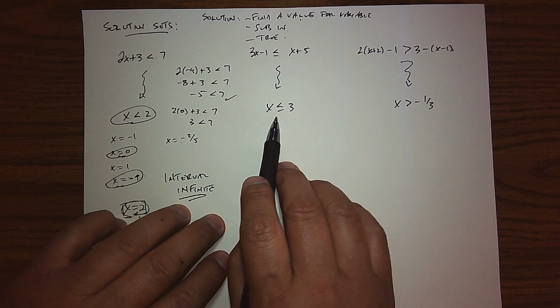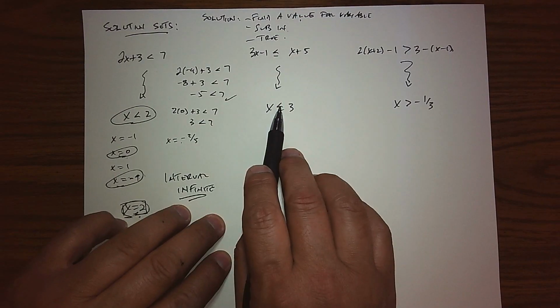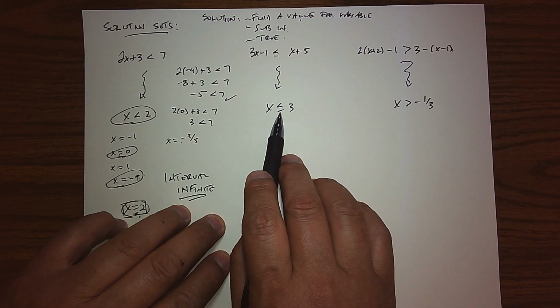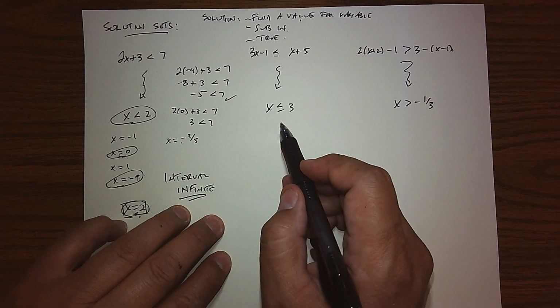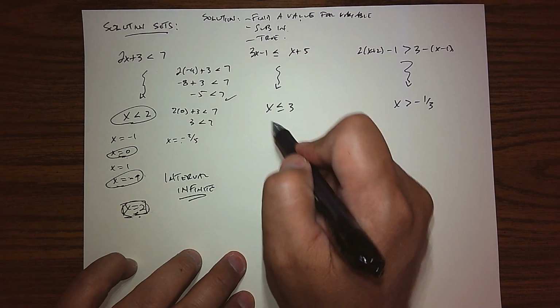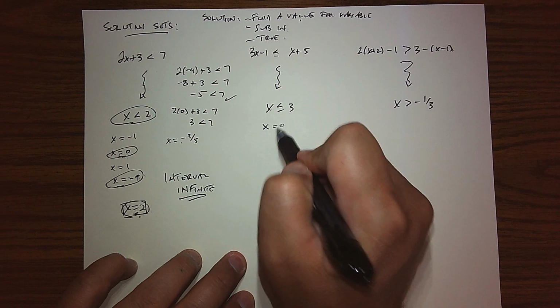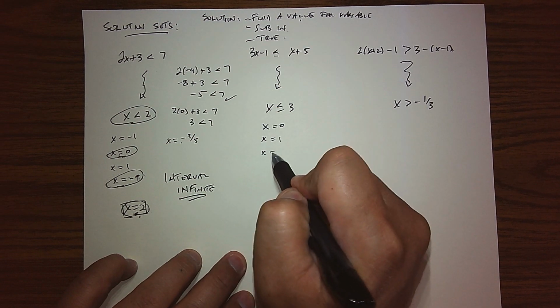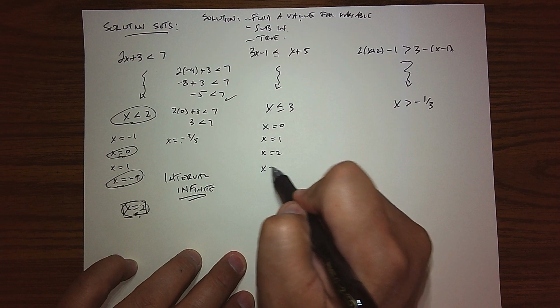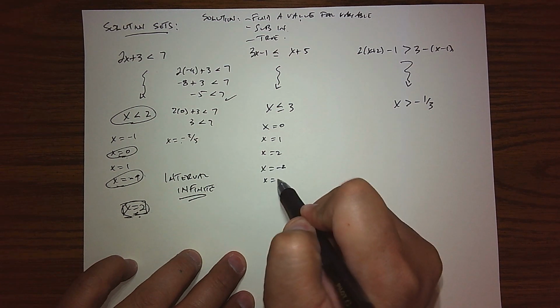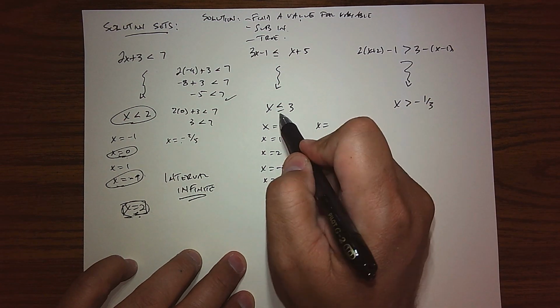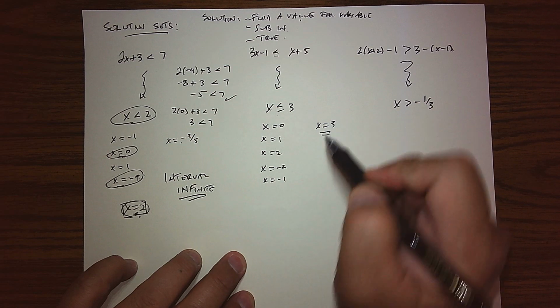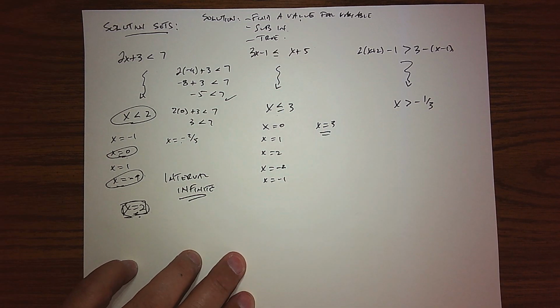Same thing here. We're talking about any value that's less than or equal to 3. That's going to work. So the subtle difference here is x can be anything less than 3, like 0 or 1 or 2, or even the negatives, -2, -1. But because we're allowed to be equal to, it could actually be equal to 3 and still work.